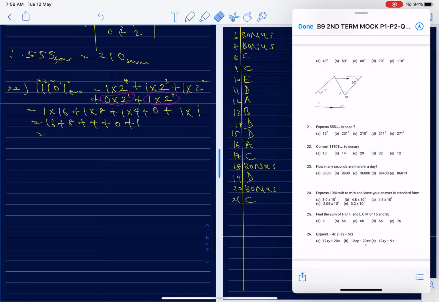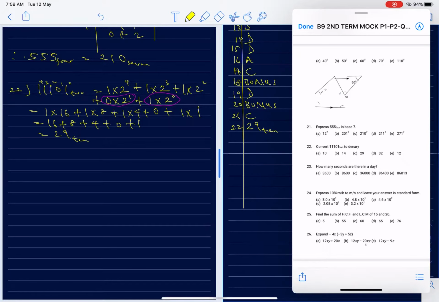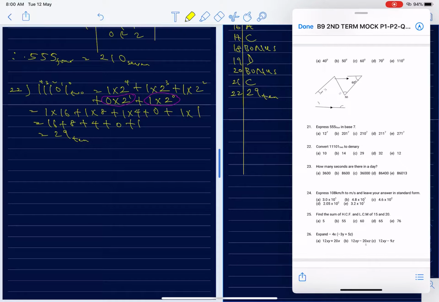And that's 24 plus 4, 28 plus 1, 29 base 10. That's a piece of cake. So that's the answer to 22, 29 base 10. The base is not written because numbers are naturally in base 10. So we move on.